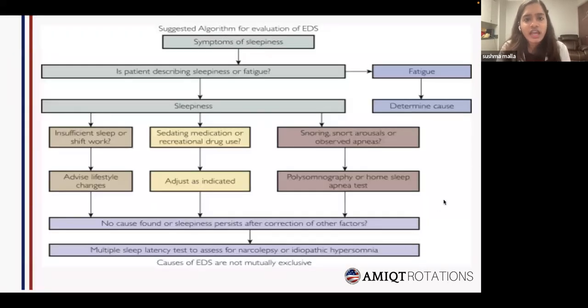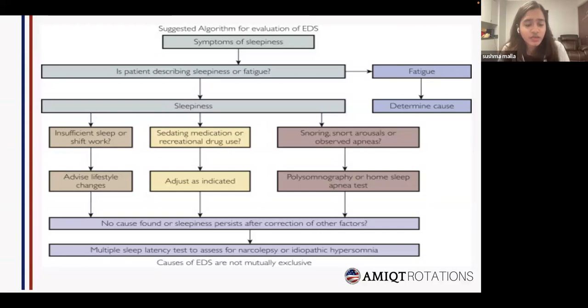Now, overall, the algorithm for the evaluation of EDS starts with symptoms of sleepiness. The patient usually comes with the symptoms of sleepiness. You first differentiate it: is it sleepiness or fatigue? If it is fatigue, then you can determine its causes. If it is sleepiness, then you check for insufficient sleep, or if the patient works in shifts, then you advise lifestyle changes.